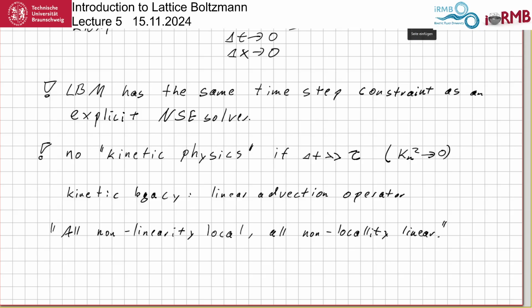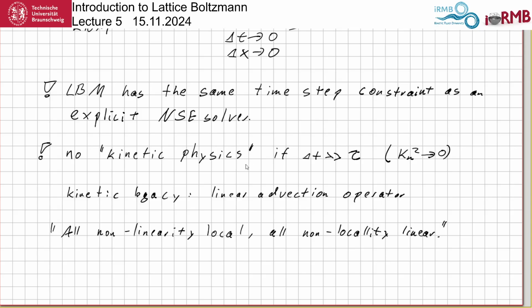So that is for the Boltzmann equation, this is what we get from starting with the Boltzmann equation. Now, I spent half an hour telling you that lattice Boltzmann is in principle as good as using finite differences.